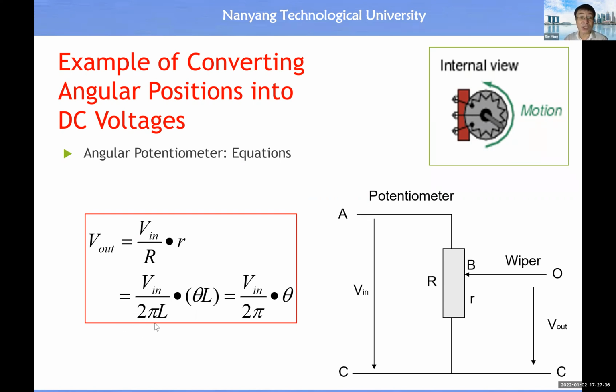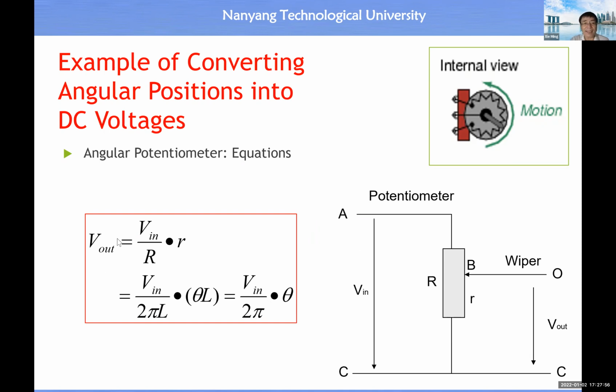So you can use this ideal value for the entire range of this circular resistor. The theta divided by 2 pi basically will give you the relative resistance as output.